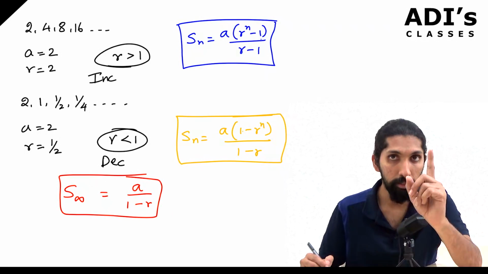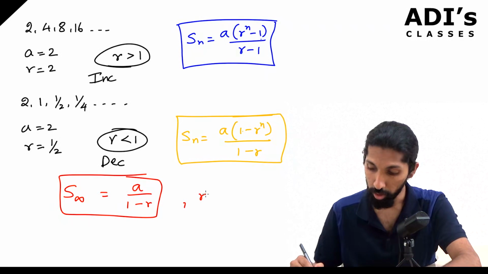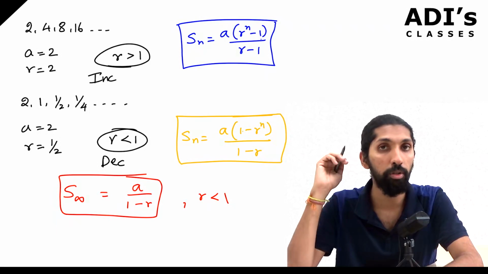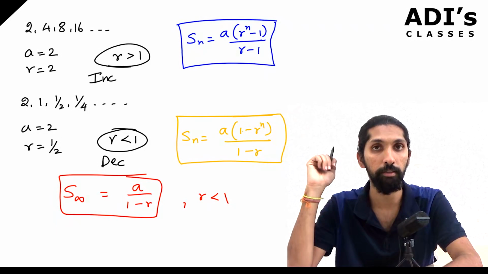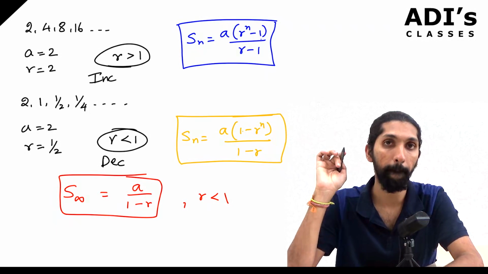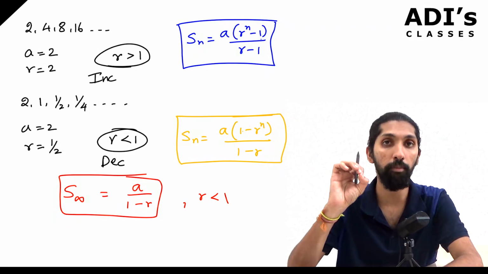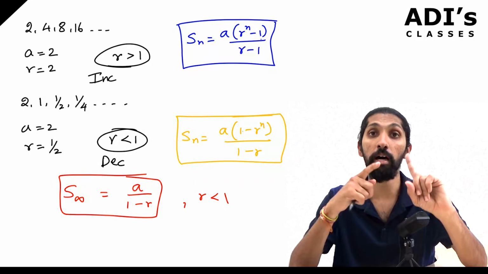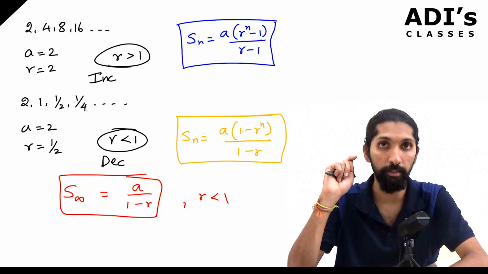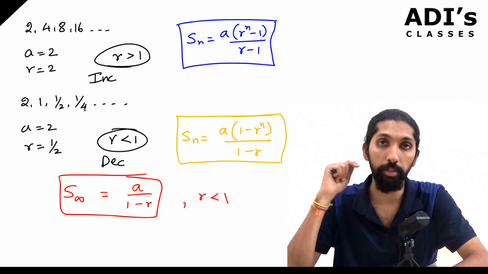Very important, there is a condition for it. The condition is that the r value should be less than 1, it cannot be greater than 1 or equal to 1. Only then can we figure out S infinity. Clear? So these are the three formulas we have for the sum of a GP. One is r greater than 1, one is r less than 1, one more is infinity. So this is about GP, geometric progression.